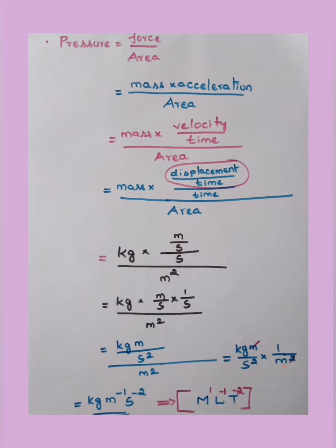On solving, we get kg into 1, kg. In the denominator we have m to the power of 1, so taking it to the numerator, m to the power of minus 1. This s to the power of 2 goes to the numerator and changes to s to the power of minus 2. At last we arrive at that. Then just write MLT: kg, mass to the power of 1, meter, length to the power of minus 1, second, time to the power of minus 2. Hence we got the dimensional formula.